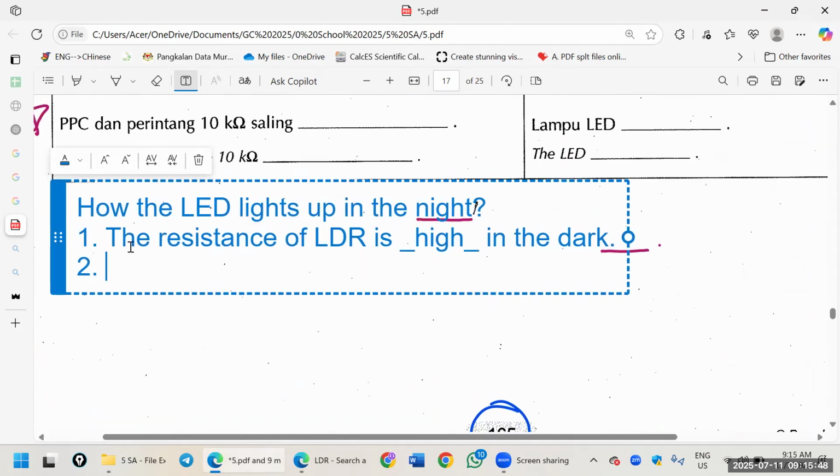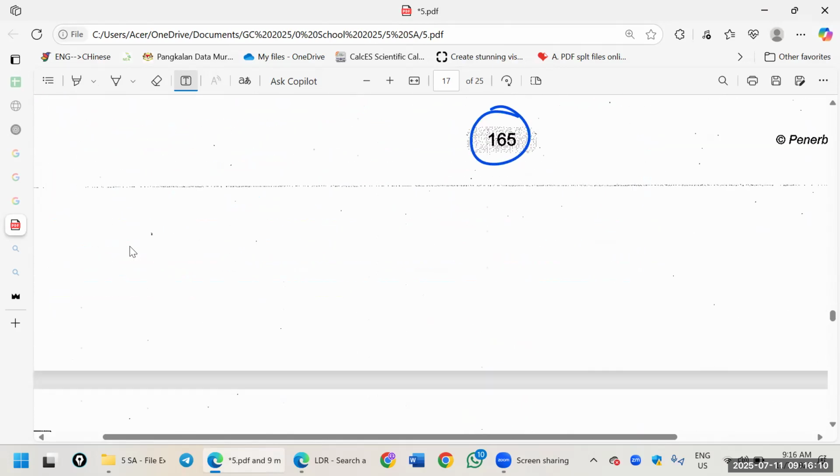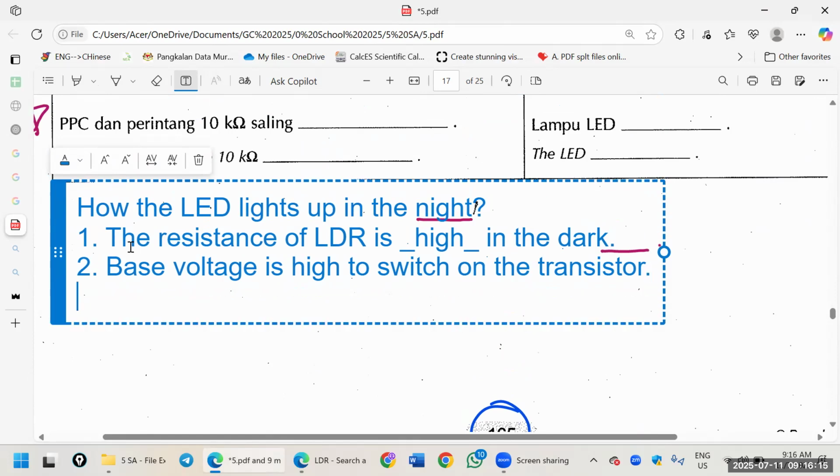The base voltage is high to switch on the transistor. Yes, it's high to switch on the transistor.